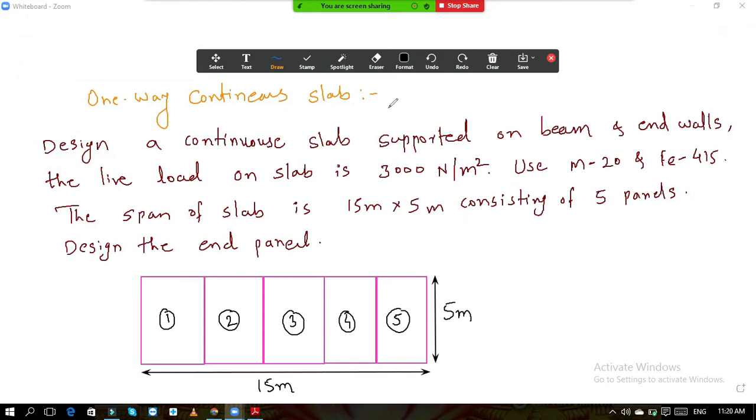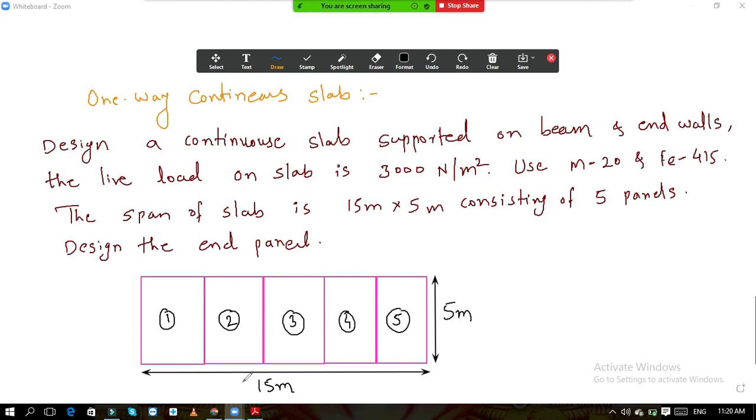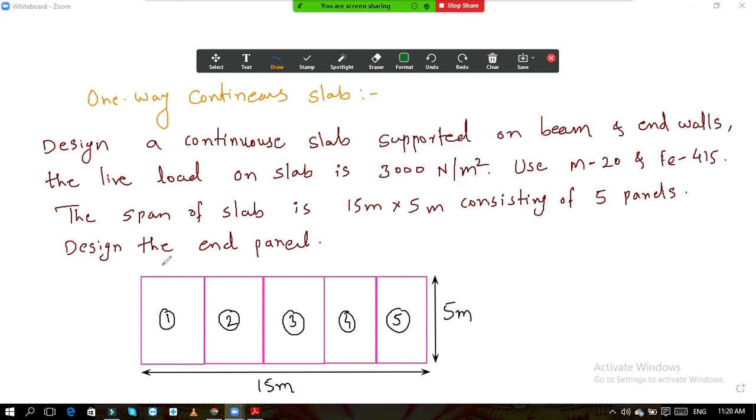The total length is 15 meter and 5 panels are there, so each panel is of length 3 meter. This is also 3 meter, 3 meter, 3 meter and 3 meter.